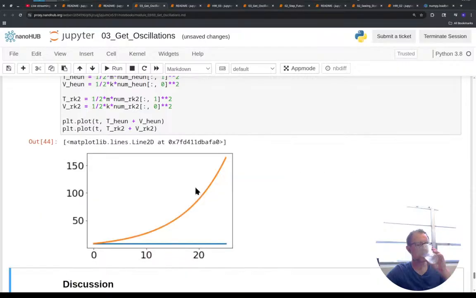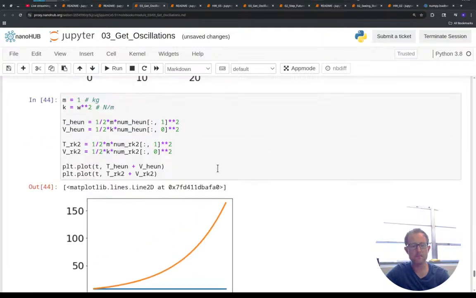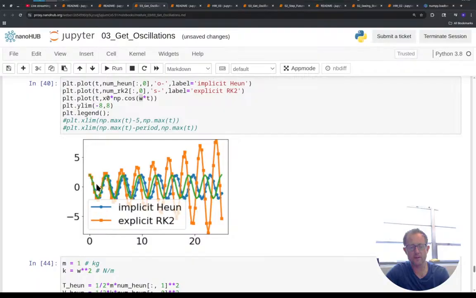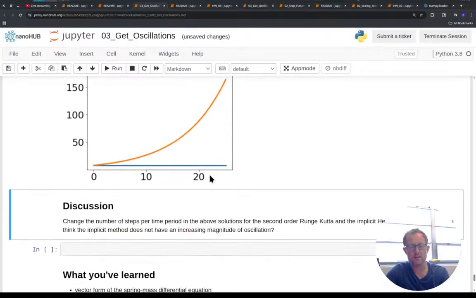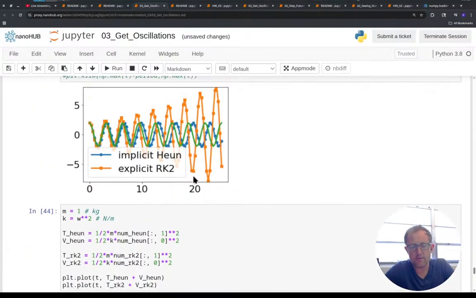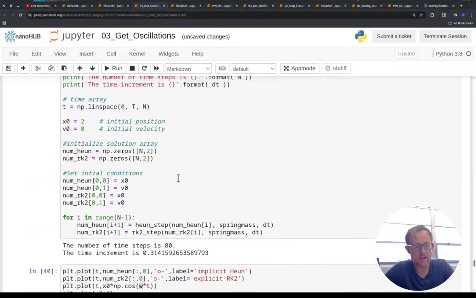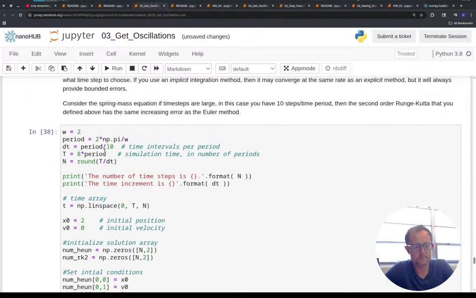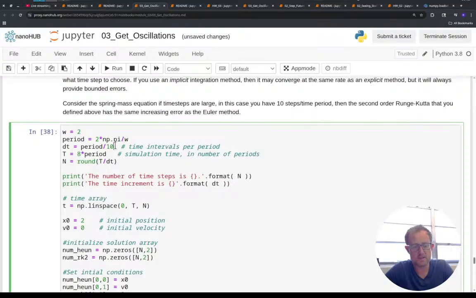And this is what we get for explicit method, is that we keep, and that's kind of what you would expect, right? If you have a growing amplitude like this, really what we're saying is that energy is not being conserved. Something is artificially adding energy to our system, and we can try to fix that. We can say, okay, time interval, so dt, let's go down to 100 time intervals per period.